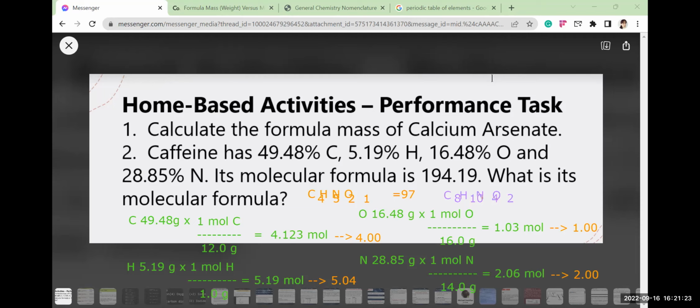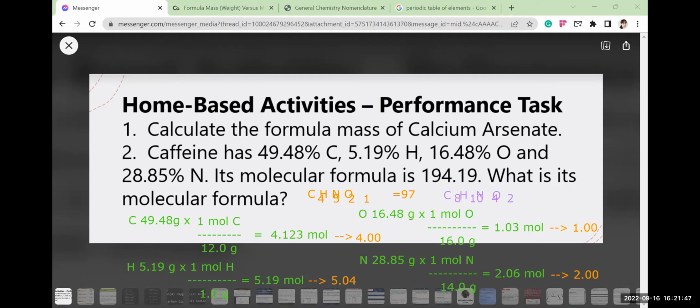Okay, so ngayon, gusto kong ulitin mo paano natin ginawa lahat. Sige, explain mo nga sa akin, how did you find number 2? Una, i-divide mo yung percentage, by its grams.